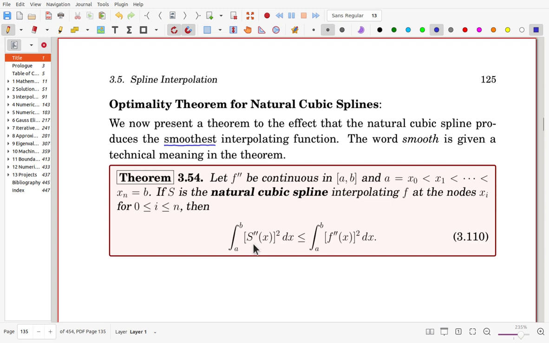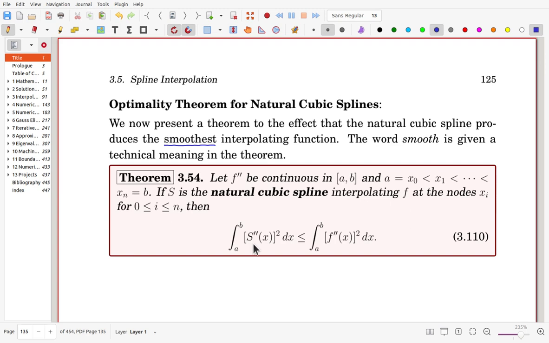Second derivative is related with curvature, so in some sense the average oscillation for the natural cubic spline is not larger than that of the original function.